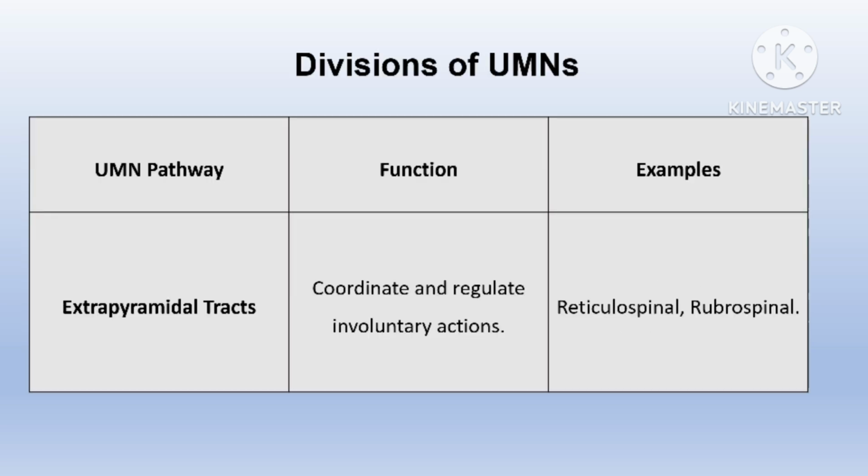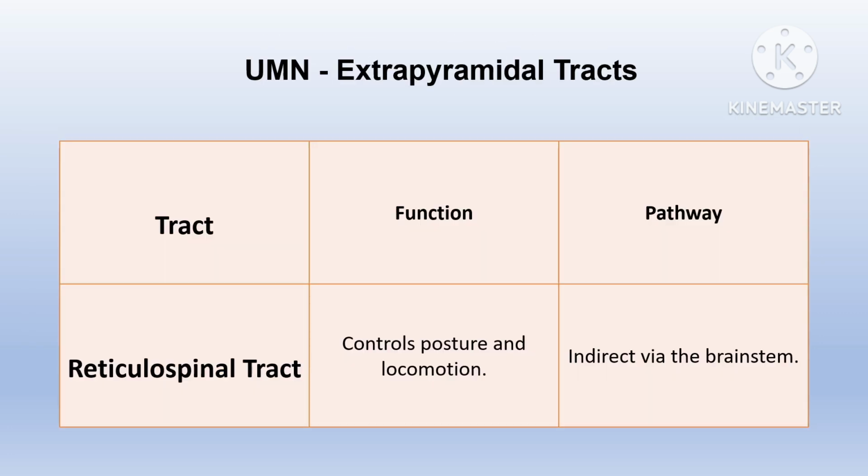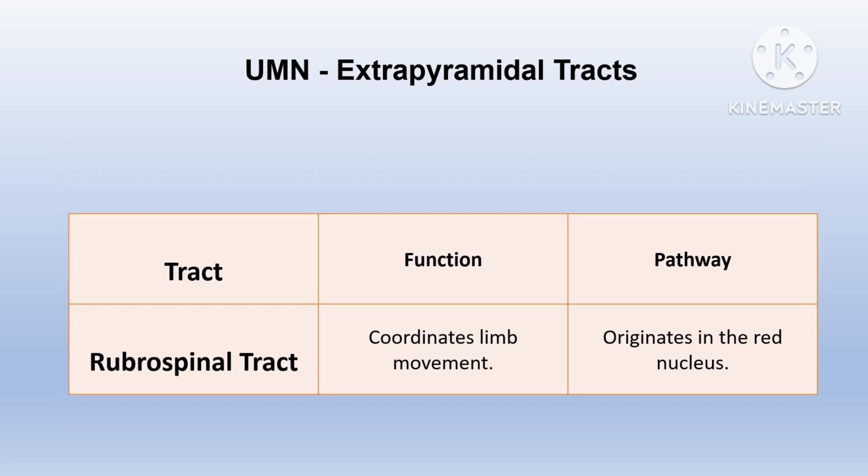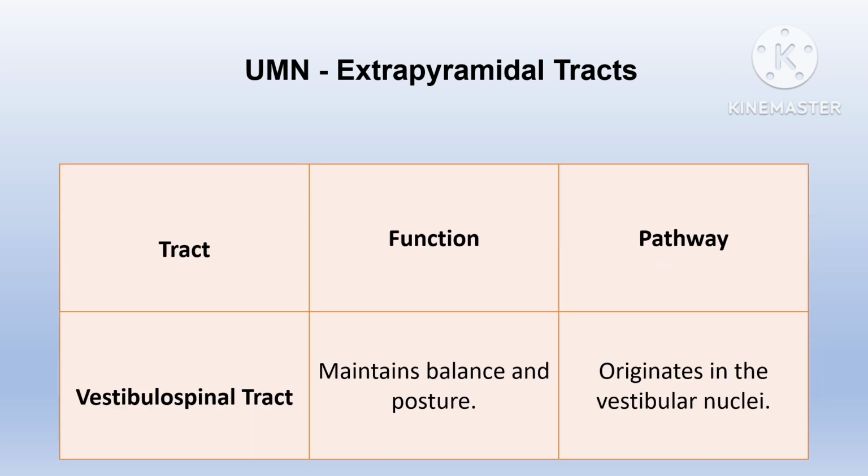Extrapyramidal tracts are involuntary tracts, and the main tracts in this category are the rubrospinal tract, reticulospinal tract, vestibulospinal tract, and tectospinal tract. So remember a mnemonic: pyramids are direct and extras are indirect.